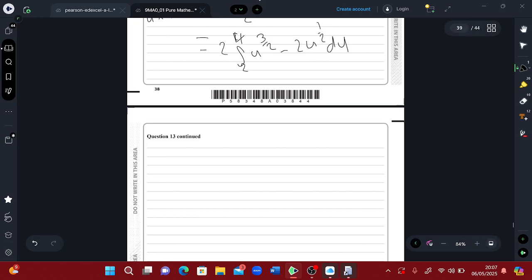So, if we were to integrate, I'm not going to be rigorous with this. I'm not going to be precise. I'm just going to say, if we want to integrate a power of x to the n, think about it this way: with differentiation, we times the power and then knock one off.